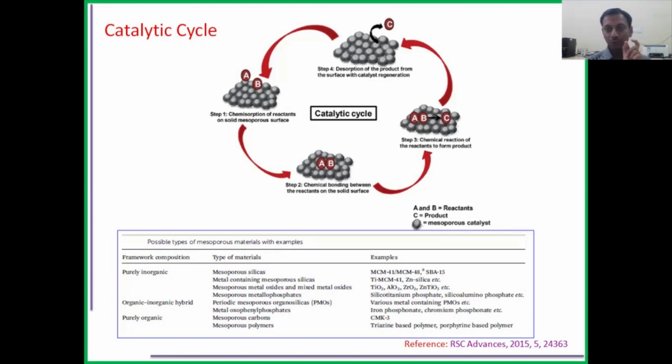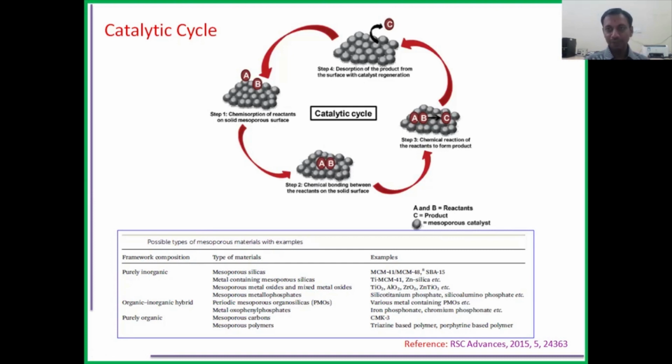These materials provide the support for metal particles. So metal particles are on the support of these mesoporous materials. This whole system is called a heterogeneous catalyst system. So chemisorption of the reactant is possible on the solid mesoporous surface of the materials, and then chemical bonding happens between the reactant and the solid support.